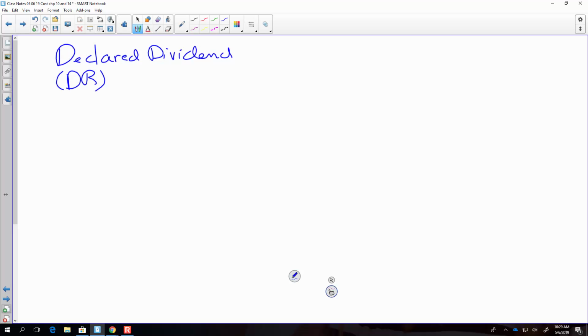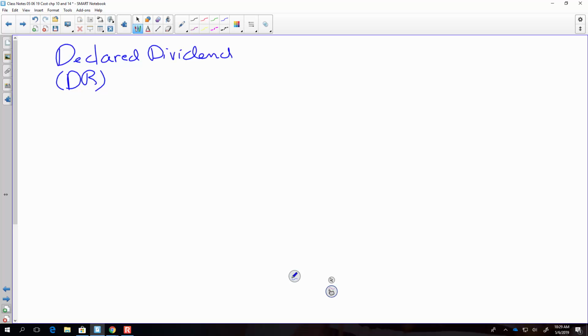What account does it come out of? Not dividends expense. What account does it come out of? Retained earnings? Yeah, that's retained earnings, right?